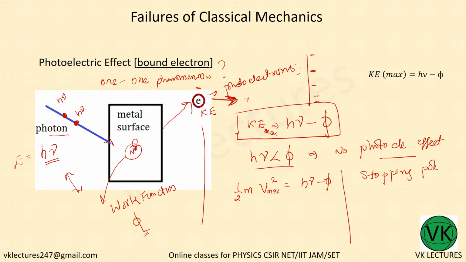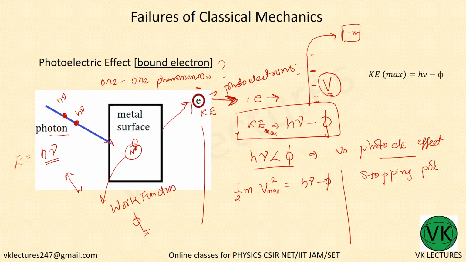This should be connected to some battery, that means the negative terminal. Now what should be the potential at this point, so that I can stop this electron right away? So that particular potential should be V. How much voltage should this be?